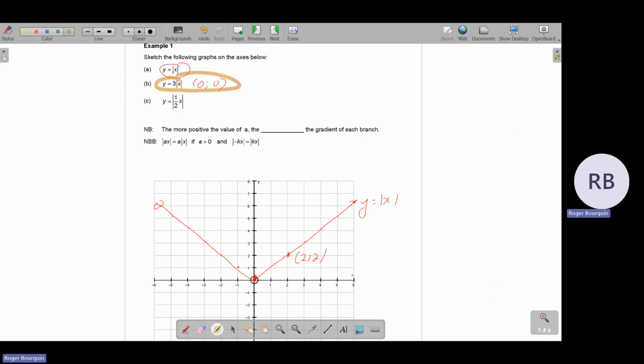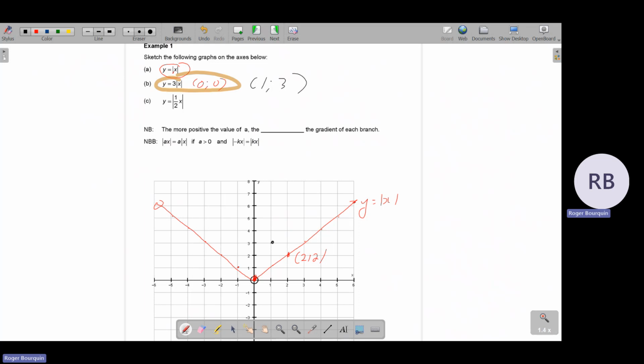But now, let's pick a number, pick 1 or 2 again. If x was 1, what would y be? It would be 3 times the absolute value of 1, right? And what's the absolute value of 1? So this graph's going to go through 1, 3.